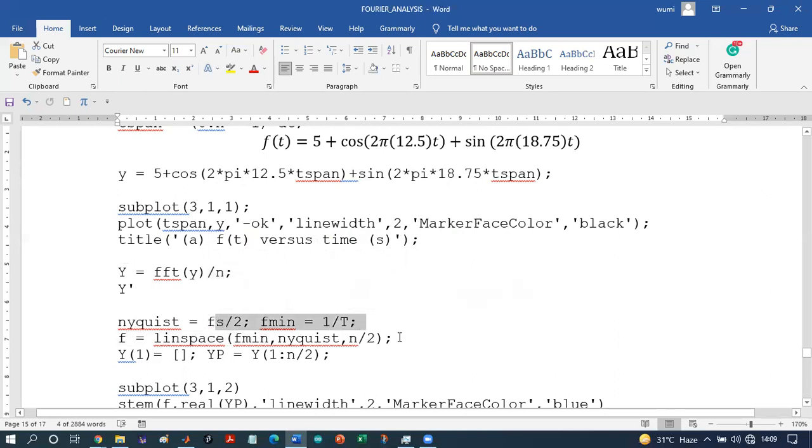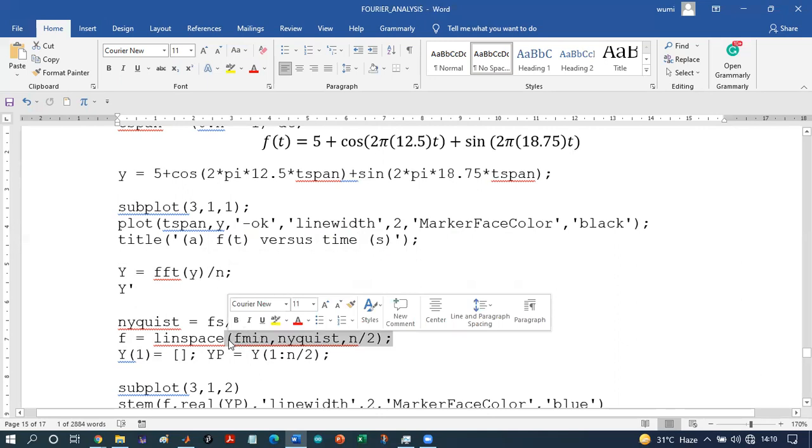Then here is just to get the frequency. The reason why we are getting the frequency is that we are not actually plotting as a function of n. We are plotting it as a function of the frequency. So this is actually the frequency.